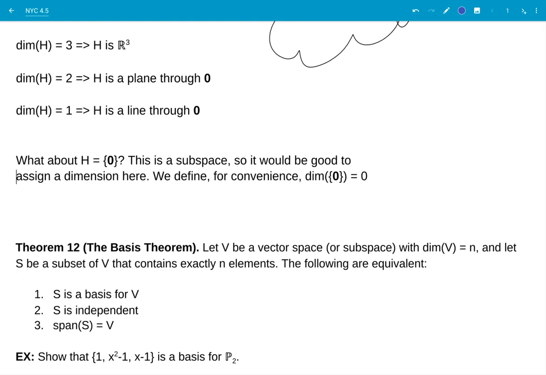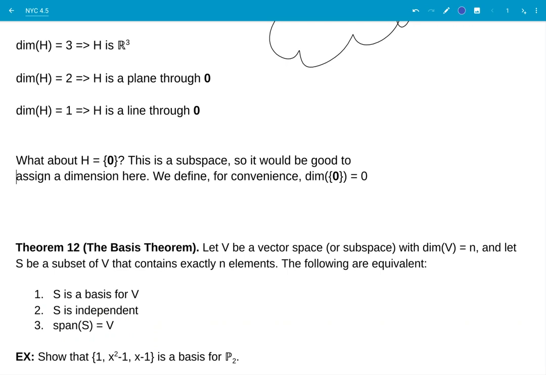To be a basis, you have to be independent and you have to span V. But the theorem is saying that if I just check one of those, that's good enough.